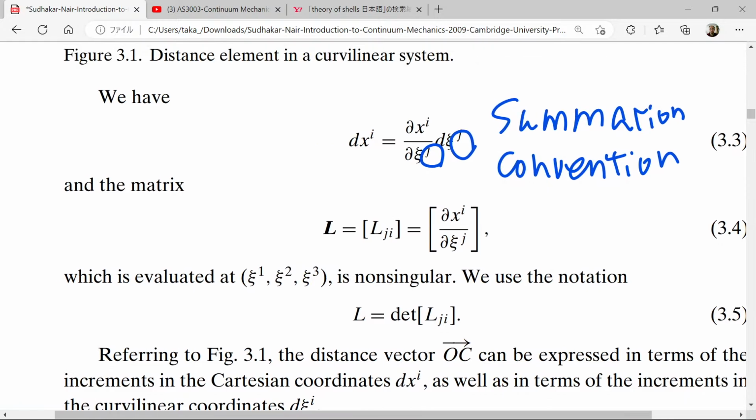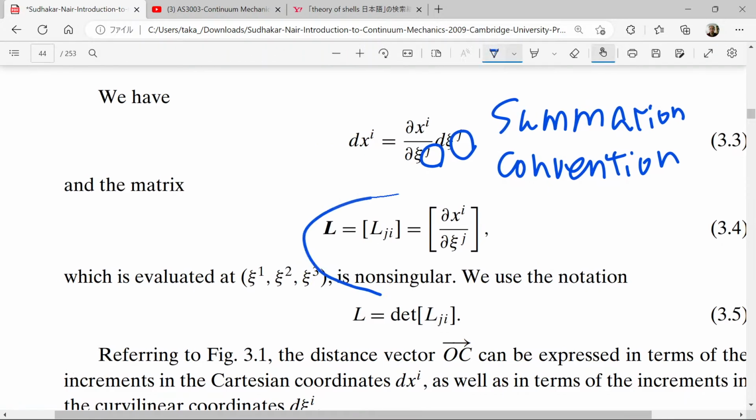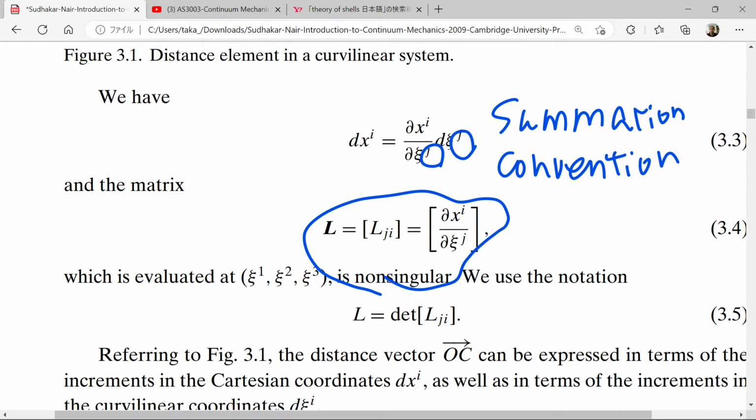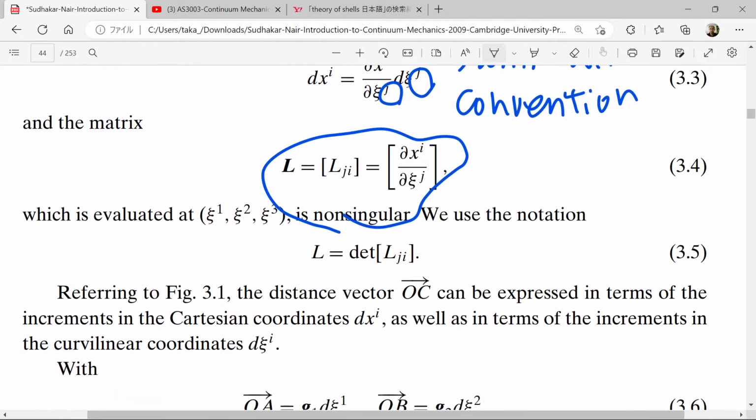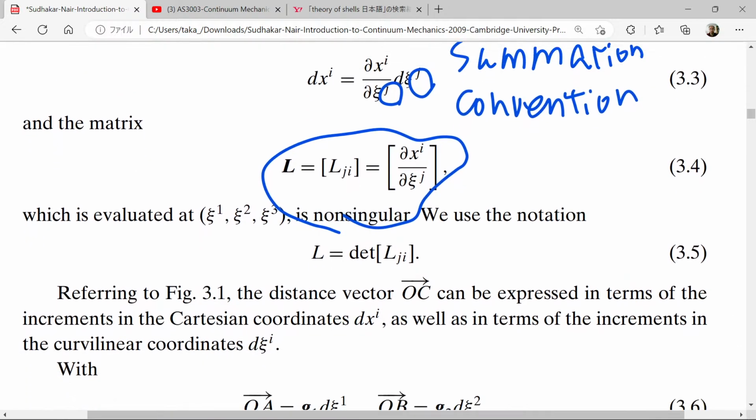Matrix L is non-singular. We use the notation L for the determinant of L_ij.